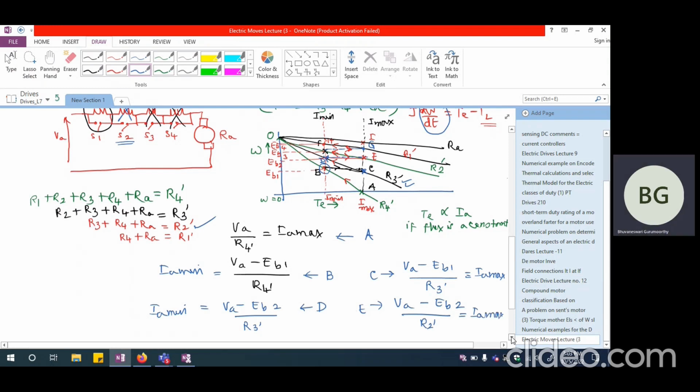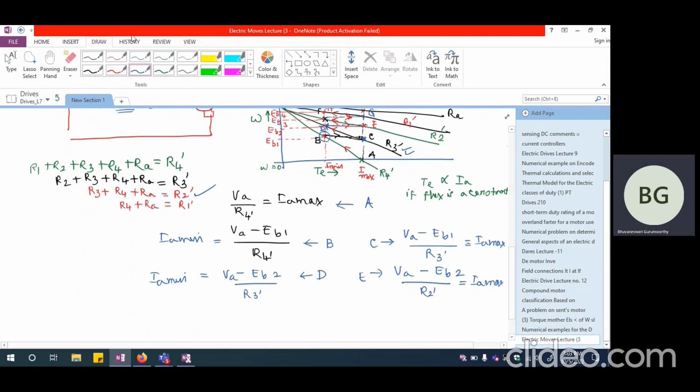So in general, what I can write is, for example, IA minimum divided by IA maximum. For example, I should be able to write this as VA minus EB1 divided by R4 dash. That is IA minimum.